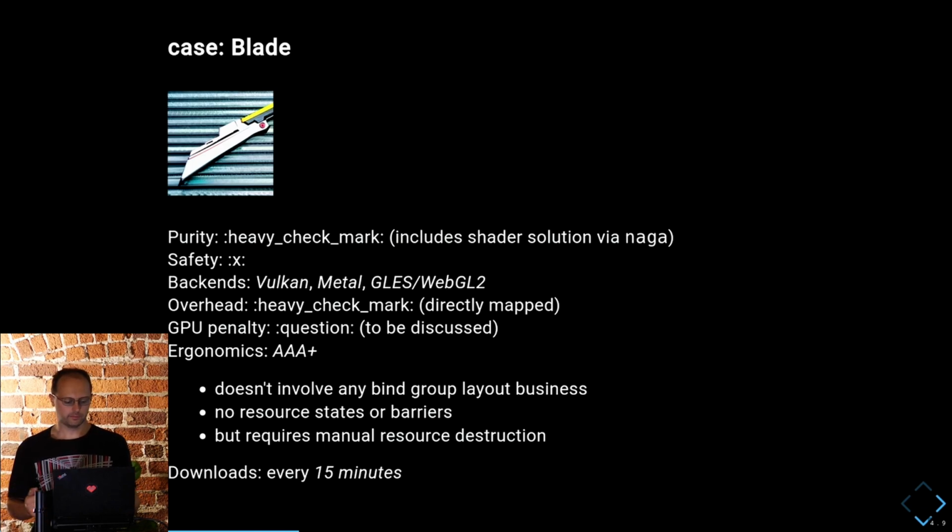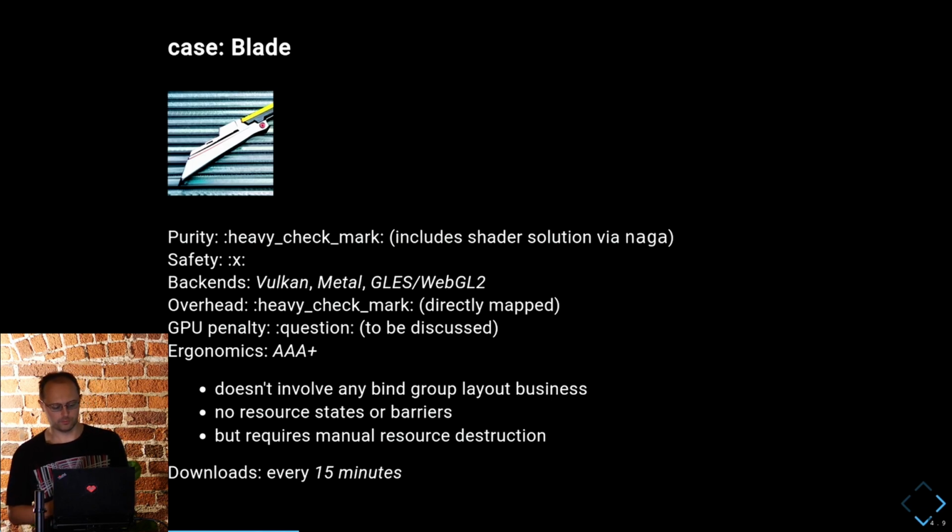It's all running natively. It has no overhead for translating the commands because it's also directly mapped. However, there is a caveat about overhead on the GPU side, which I'm going to be talking more about. And in terms of ergonomics, I think it beats pretty much everything in this list because you don't need to care about the bind group layouts nearly as much as WGPU.